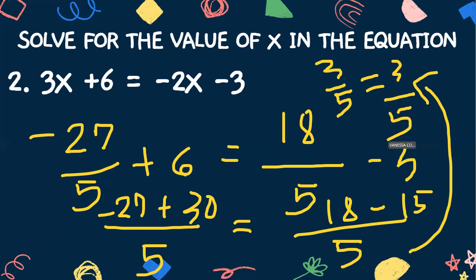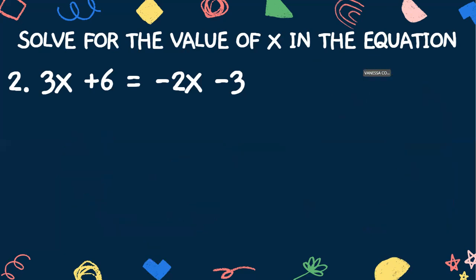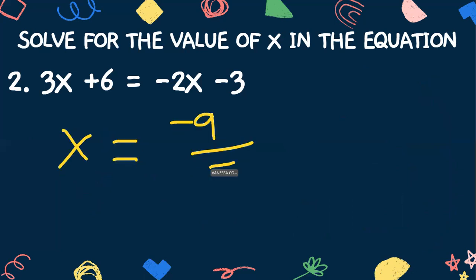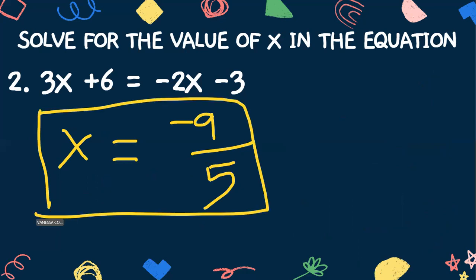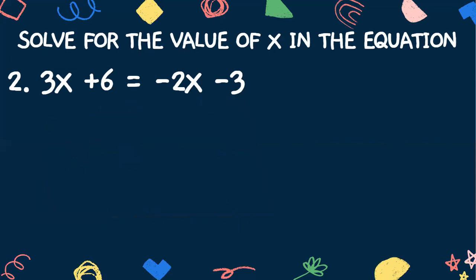So, parehas po ba sila? Yes, parehas silang 3 over 5. So, that is correct. So, it means, ang sagot natin dito, x is equals to negative 9 over 5. So, yan po yung una nating nakuha kanina, yung value ni x. Kung kanina, nag-substitute lang po tayo doon or nag-check lang if our answer is correct. Alright? So, next, number 3.